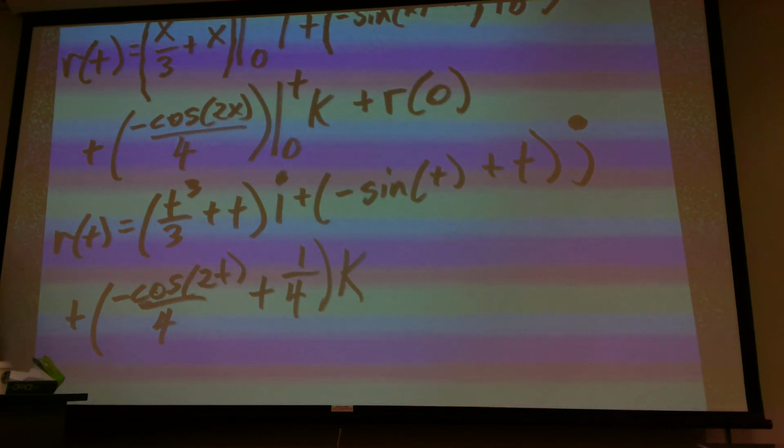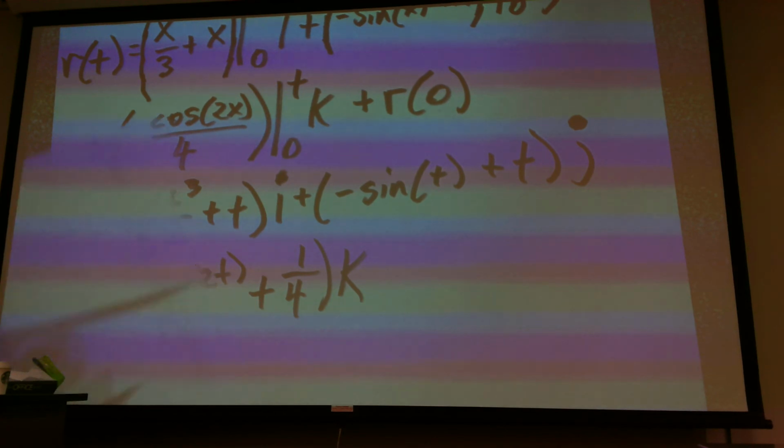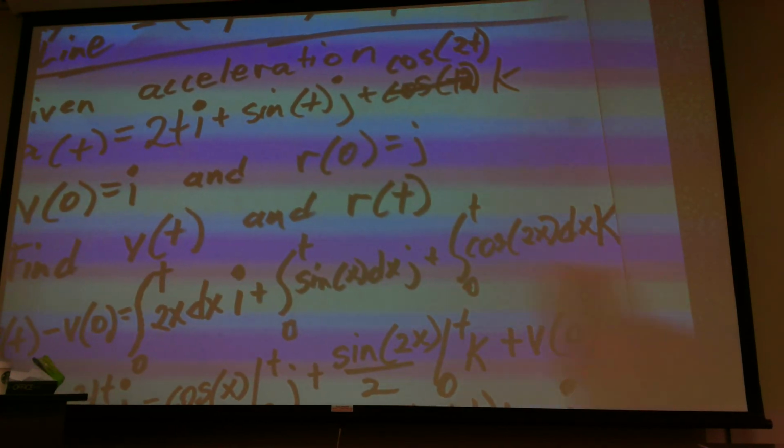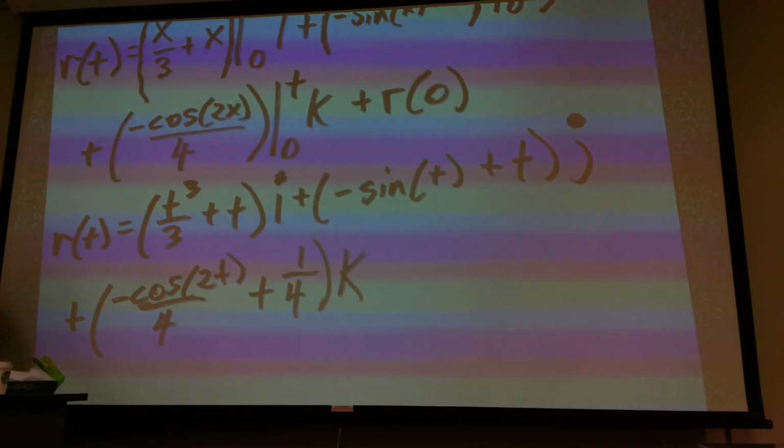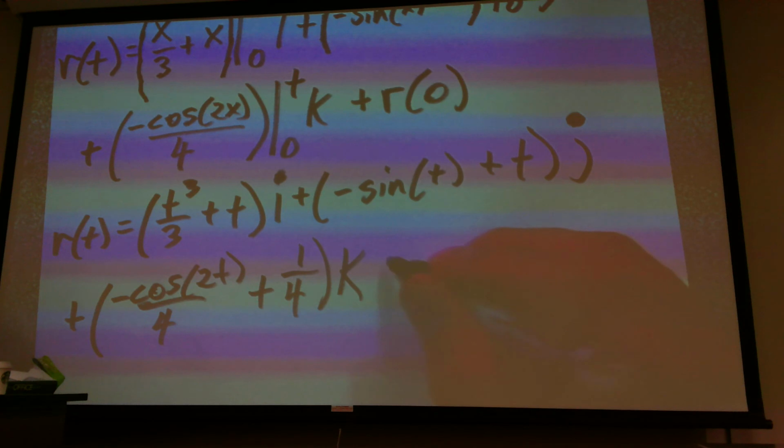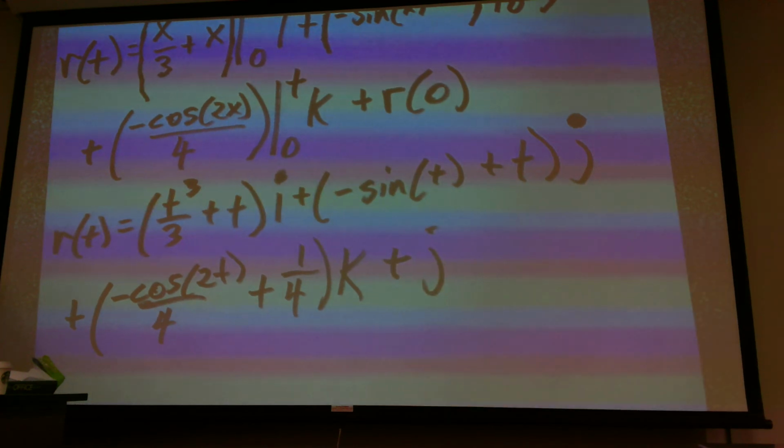And then we have to go all the way back to the beginning of the problem and say, what was r of 0? You see r of 0 right there is j. And so that r of 0 is going to be plus j.